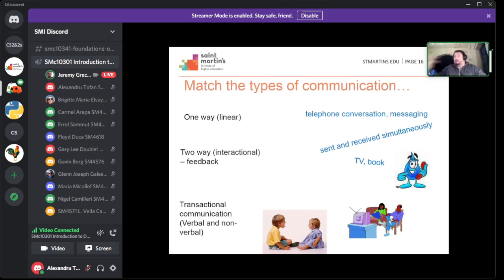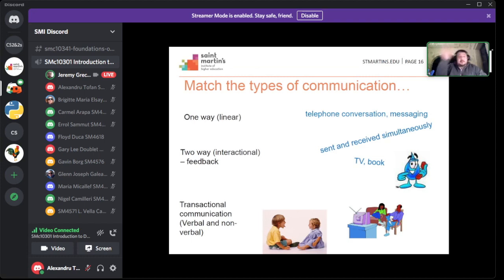So, for example, a telephone conversation is ideally a two-way communication. Messaging, sending and receiving simultaneously, is also two-way. However, TV, for example, might not be two-way, although even that notion is being changed nowadays, especially with the advent of catch up on television.